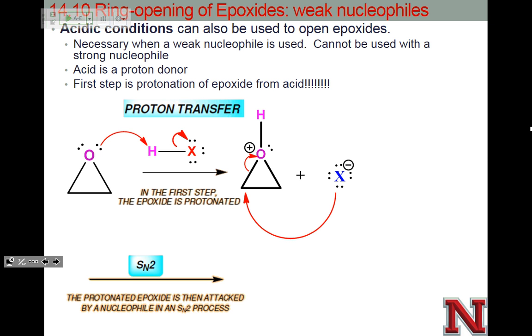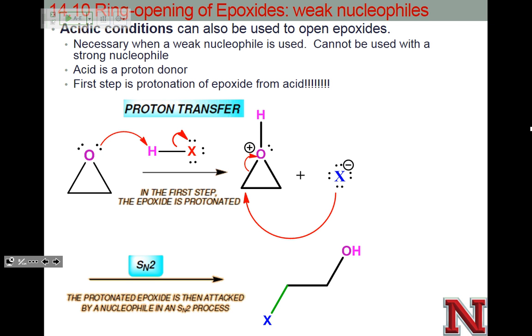So when our nucleophile attacks, this would be true if our nucleophile is an alcohol, or in the case of our anti-dihydroxylation, it's water. Then we get the attack, and our oxygen is left with a neutral charge, so it's already an alcohol and it's more stable. So this just promotes the attack.